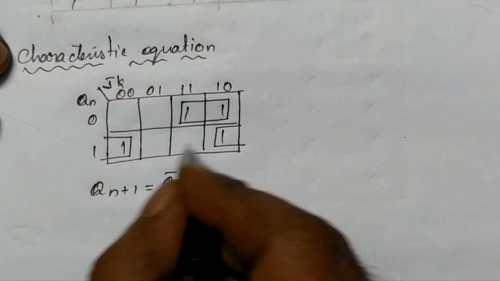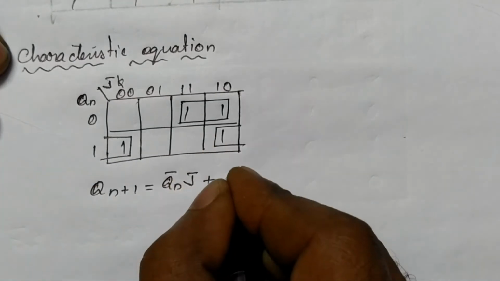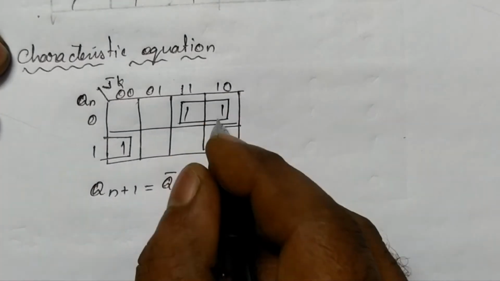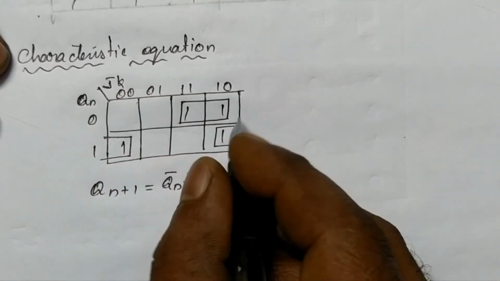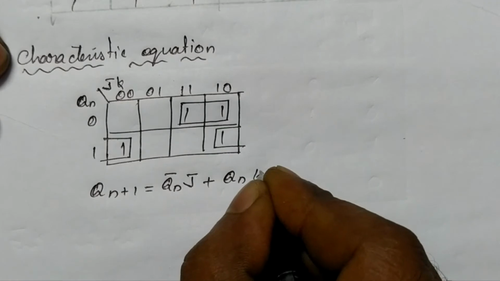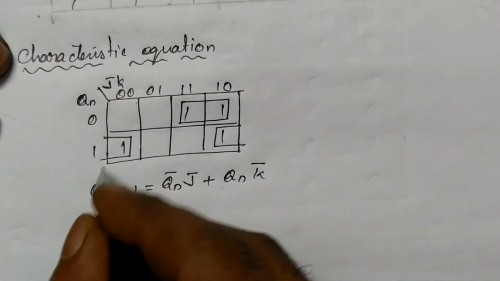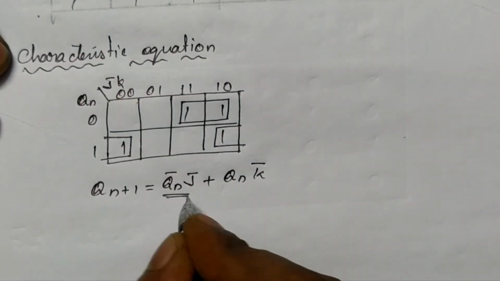Therefore here the left side value is equal to Q N, between these two K is common, its value is 0, therefore K bar. So this is the characteristic equation.